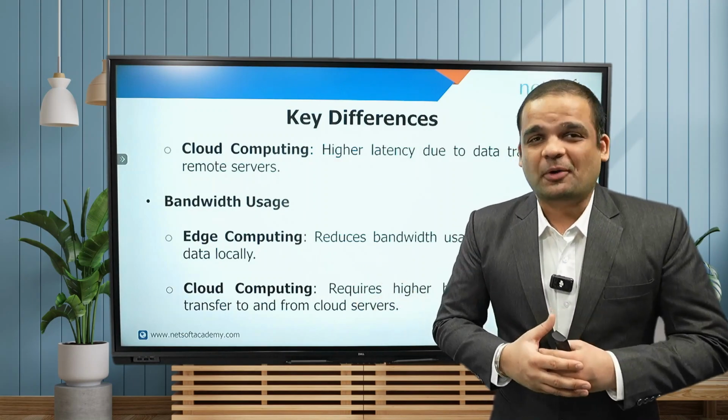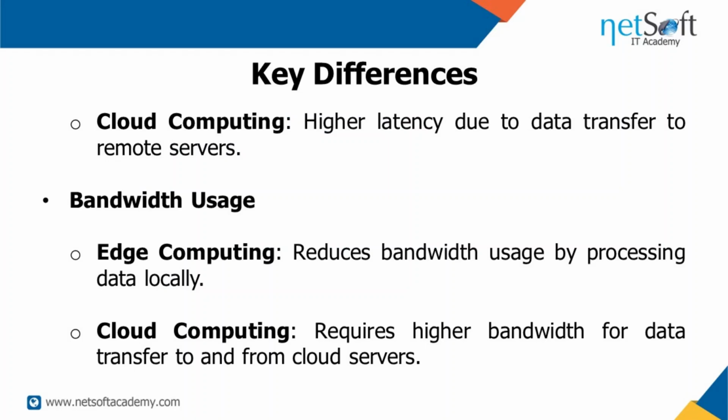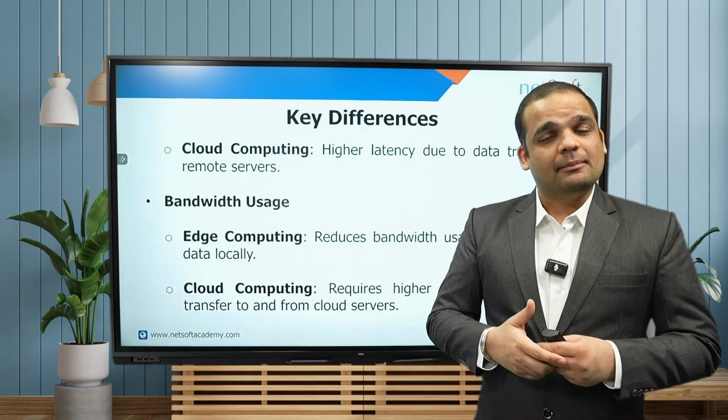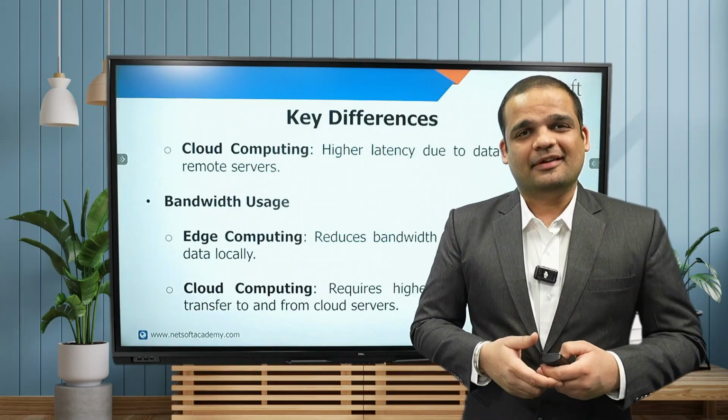But when we talk about cloud computing, well, cloud computing sends more data back and forth, which can use up more bandwidth. And if you don't have an unlimited plan, then yes, it can be more expensive.